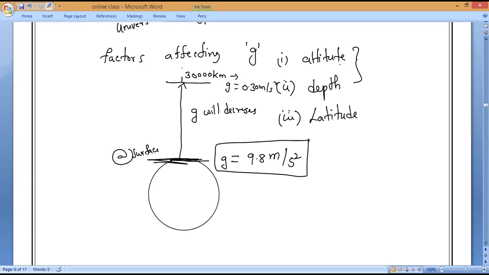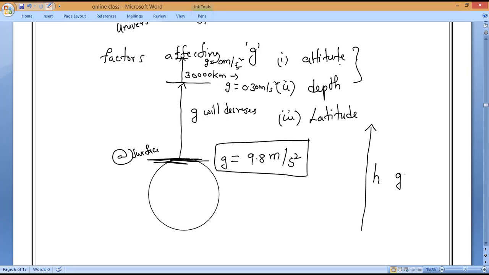If I keep on going above that, and reach 40,000, 50,000, then the G value will become 0 meter per second square. So if you keep on moving away from the ground, meaning altitude or height is increasing, the G value will decrease.